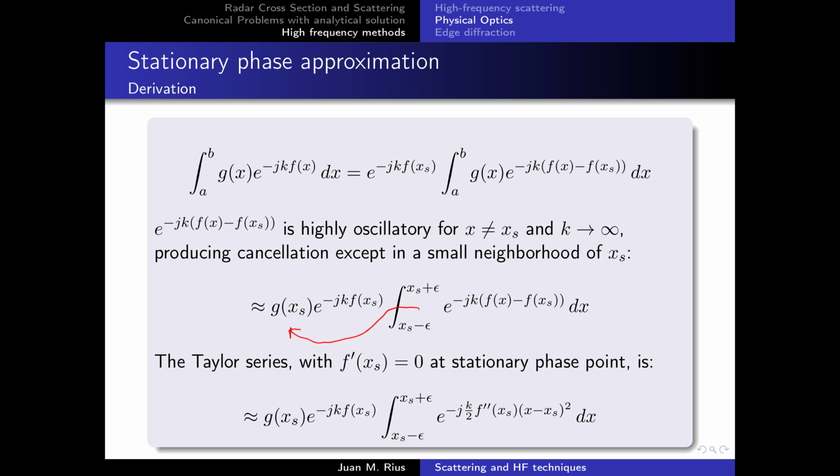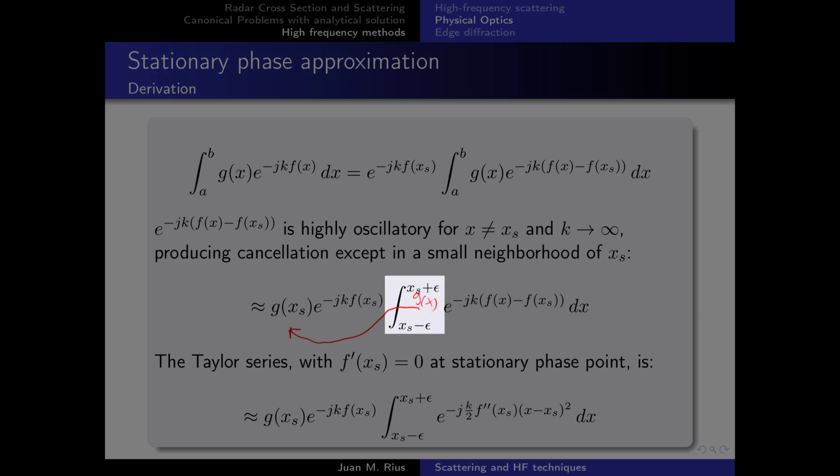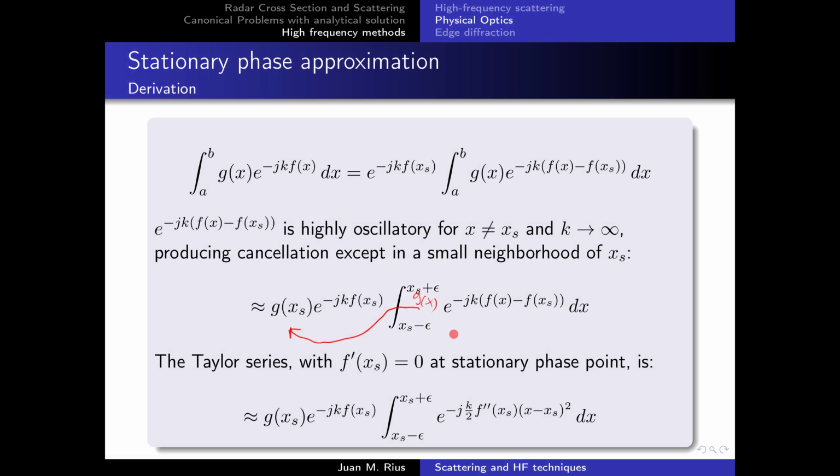Remember that G is slowly varying, so G(x) is approximately equal to G(xs) in the neighborhood of xs, and we can take it out of the integral because now we are integrating only in the neighborhood of xs.